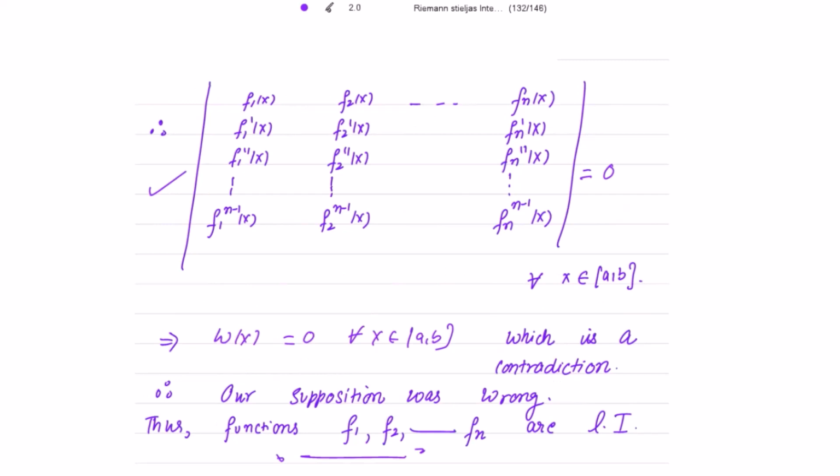So our supposition was wrong, which means these functions are actually linearly independent. So this result is proved with the help of contradiction.